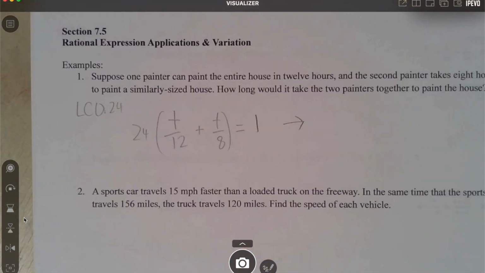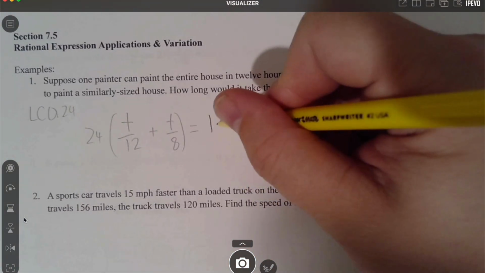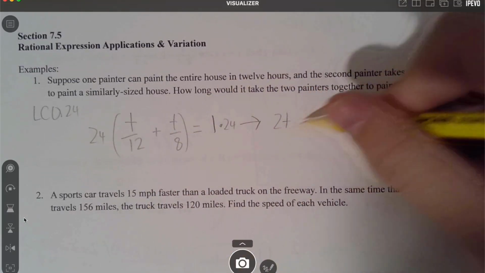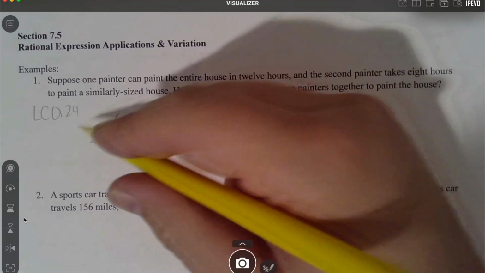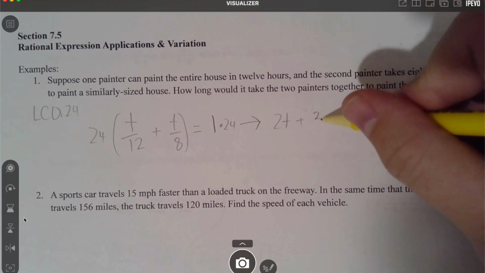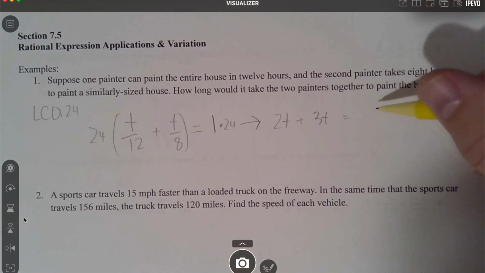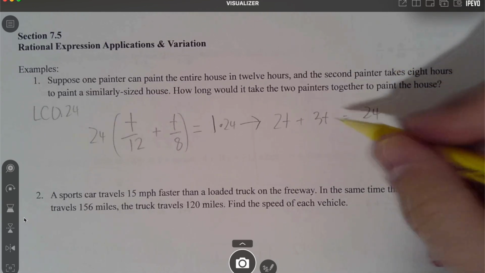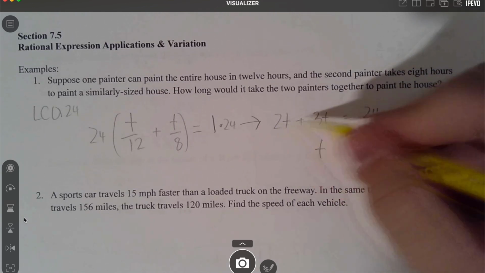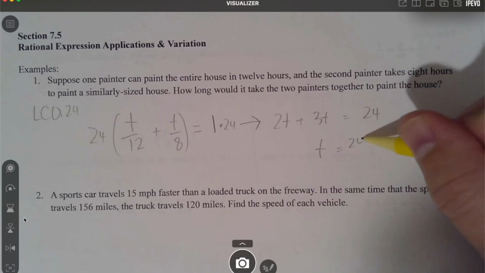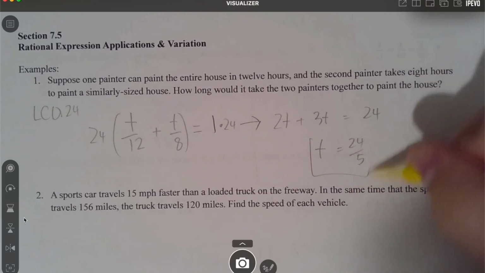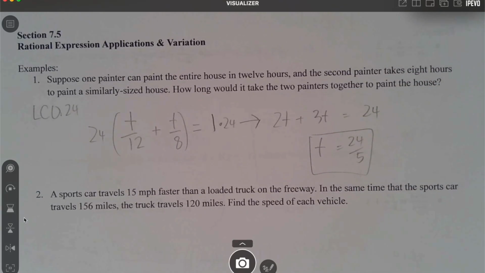If I multiply that 24 to both sides, here's what I get. I get 2t plus, let's see here, 24 over 8 reduces to 3, so 3t. And that equals 24. Really, I'm pretty much done there because that's 5t. So I get 24 over 5. And that's all there is to it. That's how long it takes them to paint a house together.